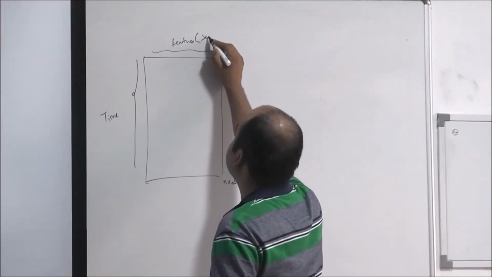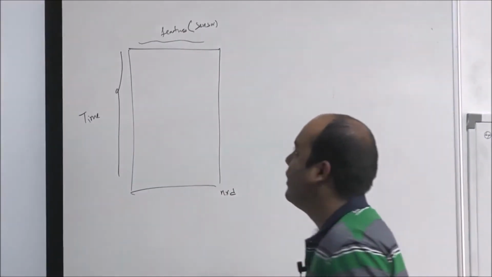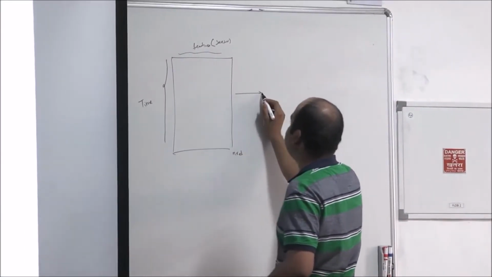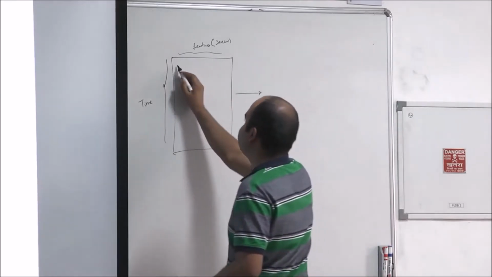We can take them as sensors, maybe, as an example. And here we are getting data one row at a time. So the stream is over rows.